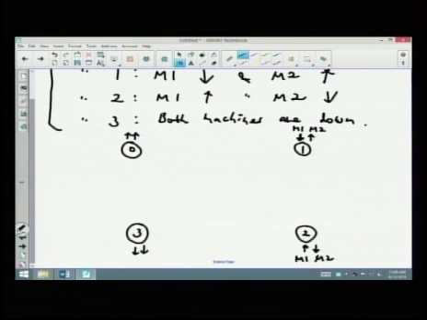Okay, so starting from state 0, what transitions occur? So first, machine number 1 can fail, right? What is that failure rate? Lambda 1, right?